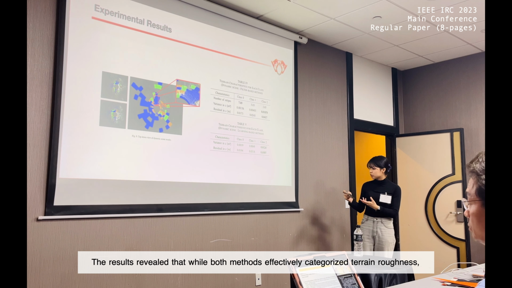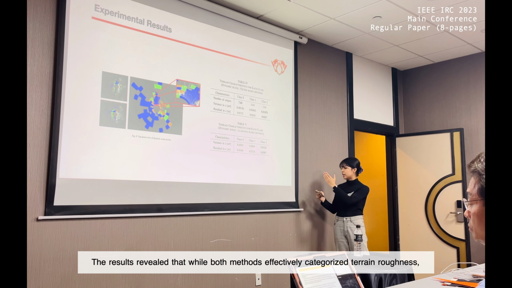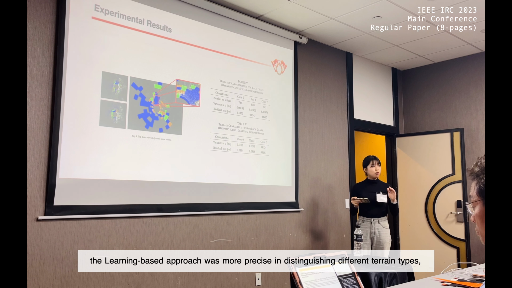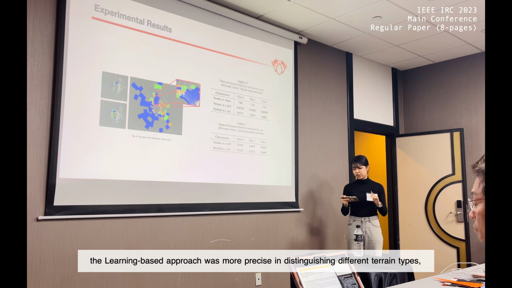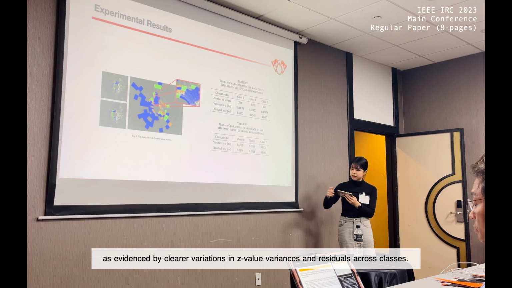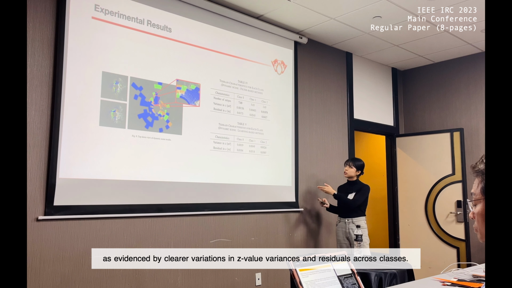These results reveal that while both methods effectively categorize the terrain roughness, the learning-based approach was more precise in distinguishing different terrain types, as evidenced by the clearer variations in Z value and residuals across the classes.